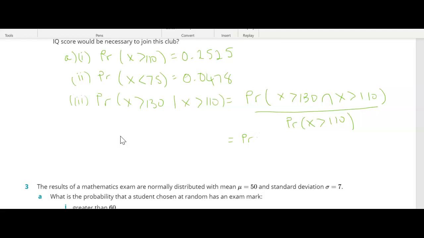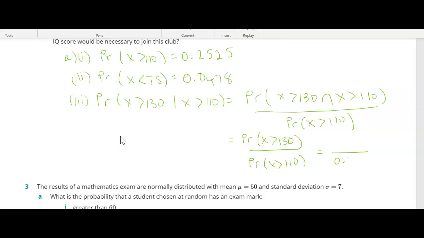So we want the probability that x is greater than 130 over the probability that x is greater than 110. We've already done x greater than 110; we did that in question A, part 1.